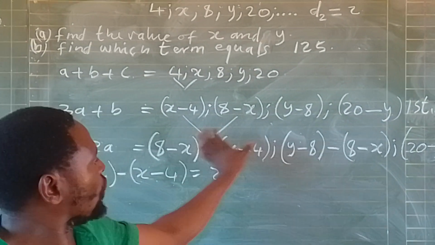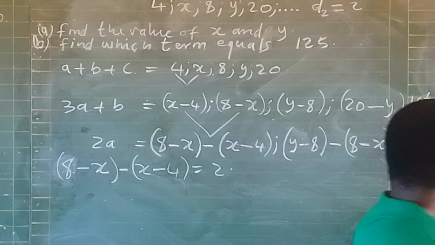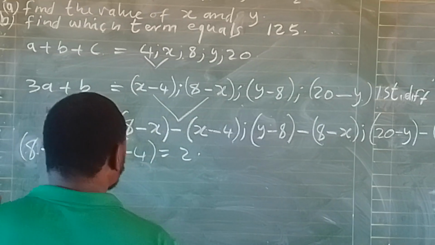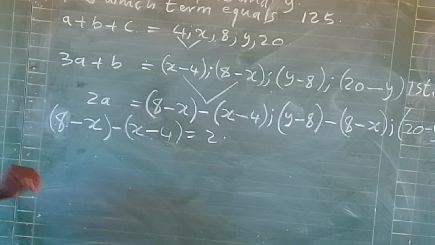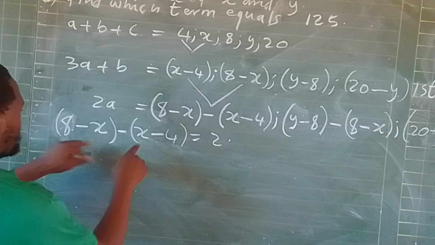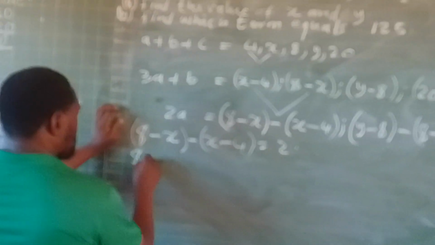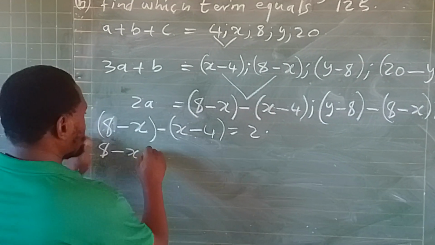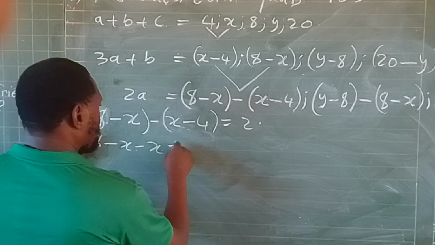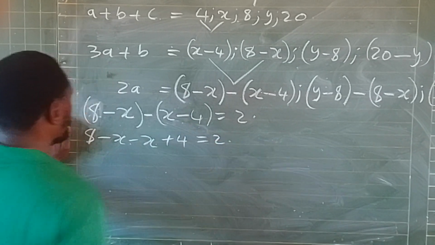This one is 2, this one is 2, this one is 2. But for convenience's sake, we're going to take this one to find the value of x first. Now it's 8 minus x minus (x minus 4)... that is, 8 minus x plus 4 is equal to 2.